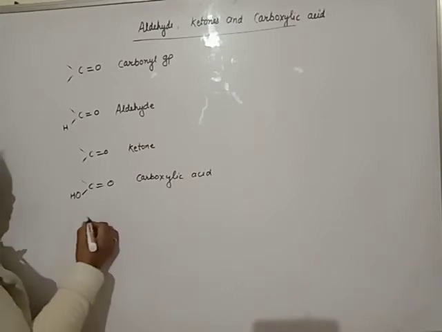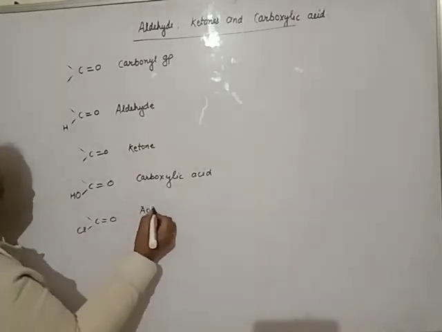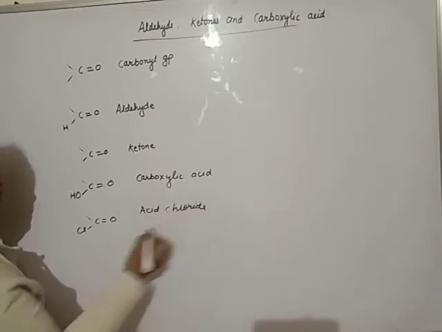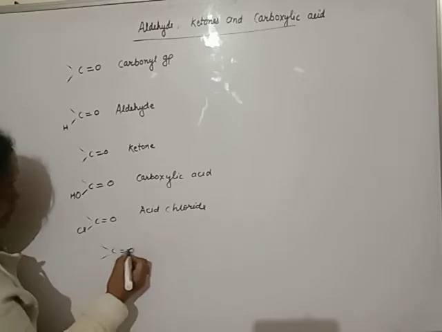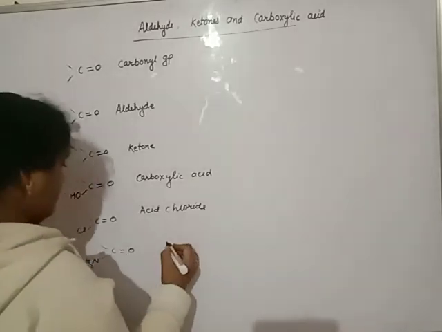Clear? If OH is replaced by chlorine, it is acid chloride. If chlorine is replaced by NH2 group, beta, amide.